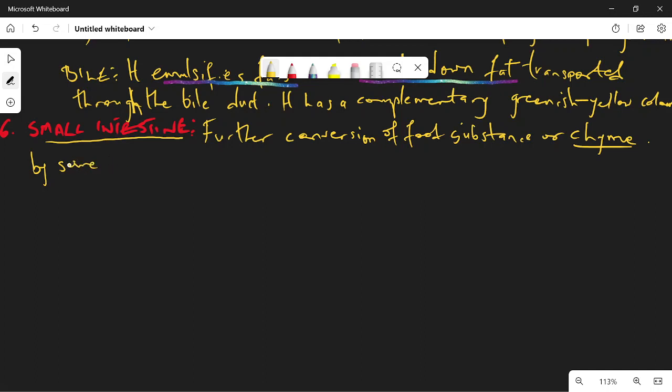some intestinal secretions, e.g. we have erepsin.